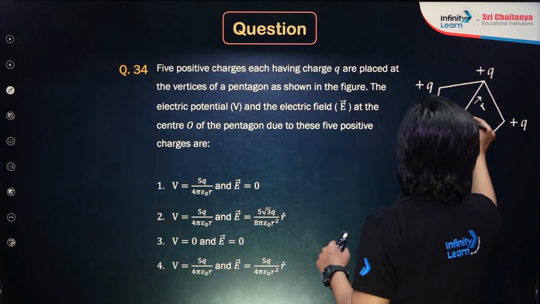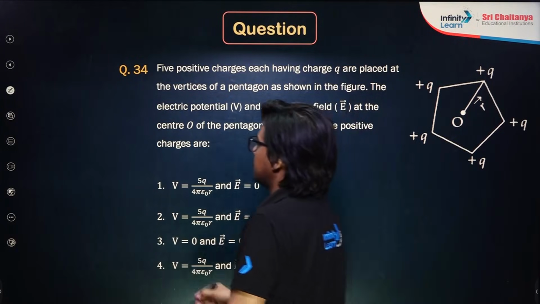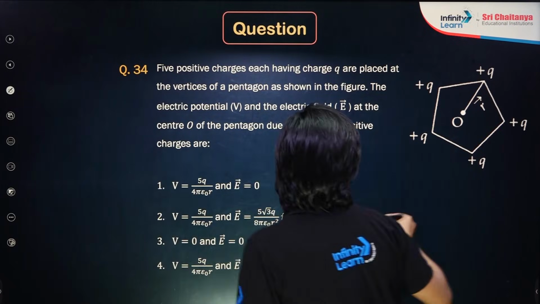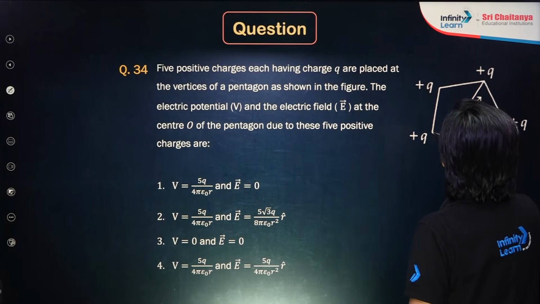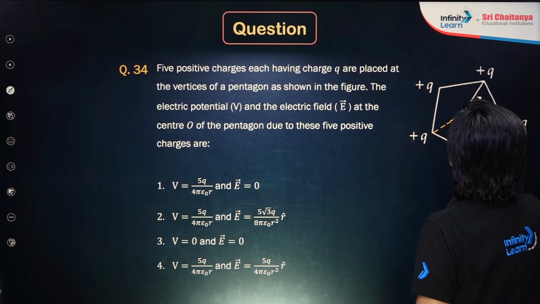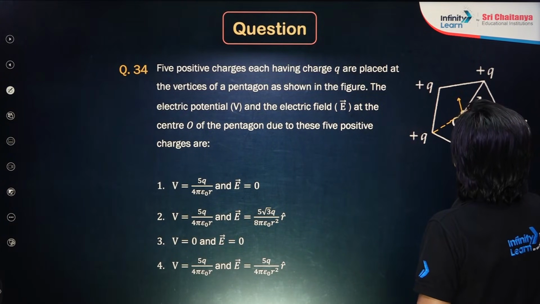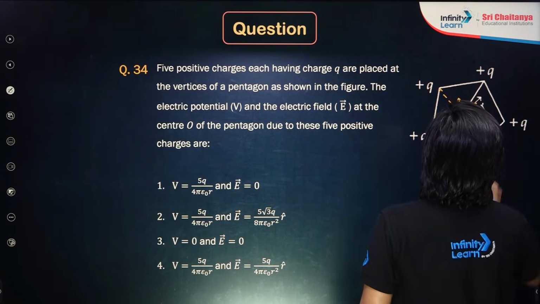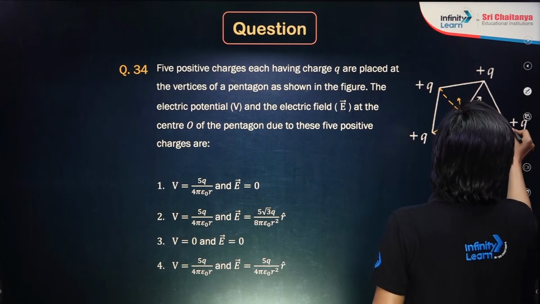If I just talk about the center, the electric field at the center due to any of the charges, let me draw this. Suppose this is the electric field, this is the electric field because of the second charge, because of the third one, the fourth one, and the fifth one.